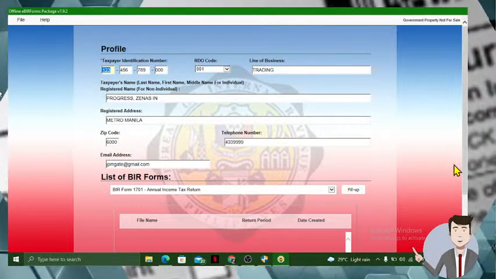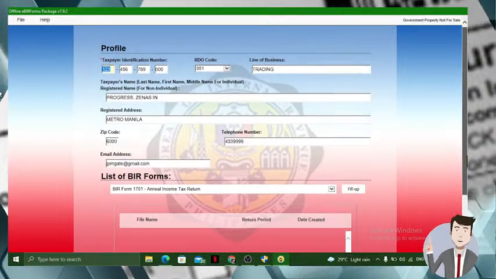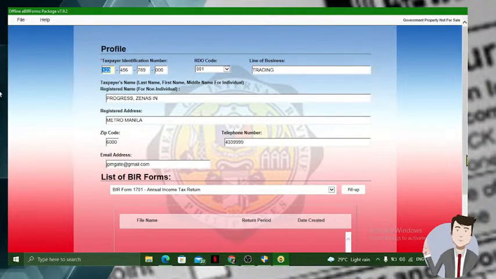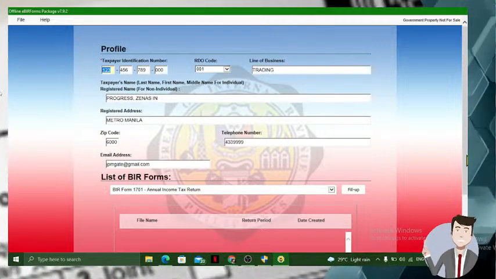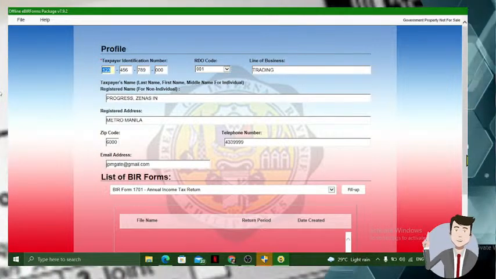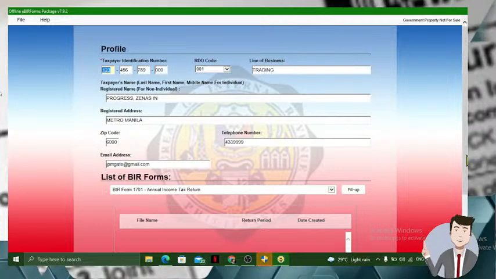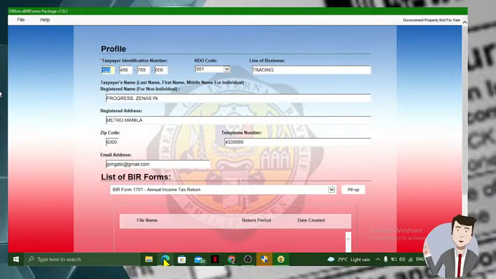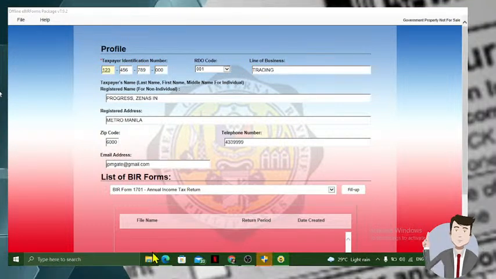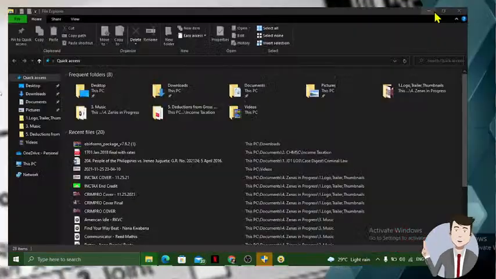Okay, after that, guys, since the system allows us to use the eBIR Forms package for illustration purposes, the result of this one is the same as the downloaded BIR form.